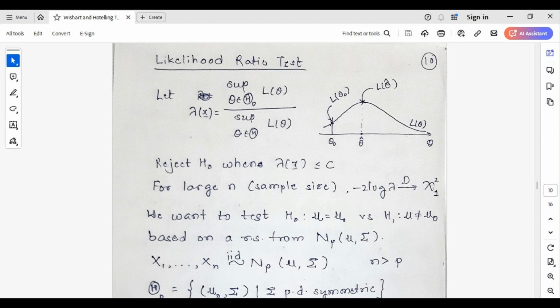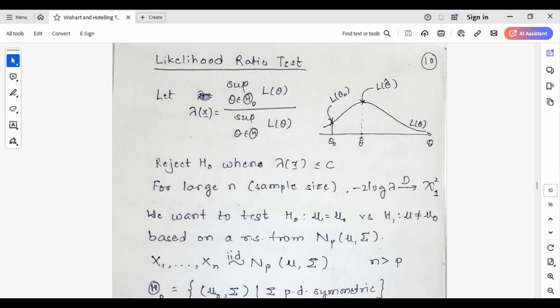So the likelihood ratio test provides a unique way to test the hypothesis because of its large sample property. For large n, minus 2 times log of the likelihood ratio test statistic converges in distribution to chi-square with 1 degree of freedom. This is true for real valued theta.